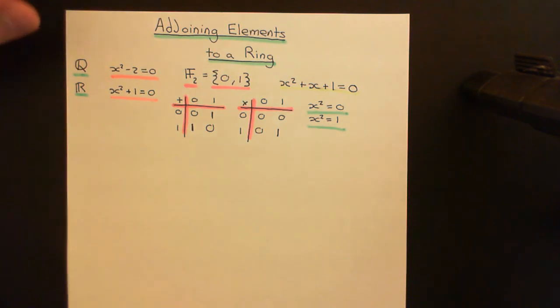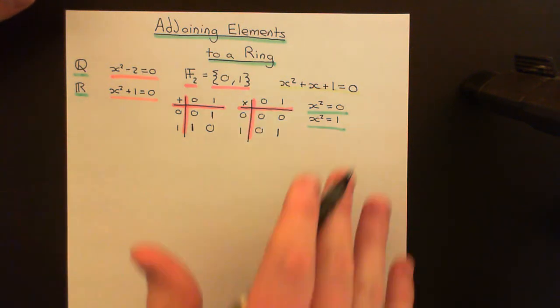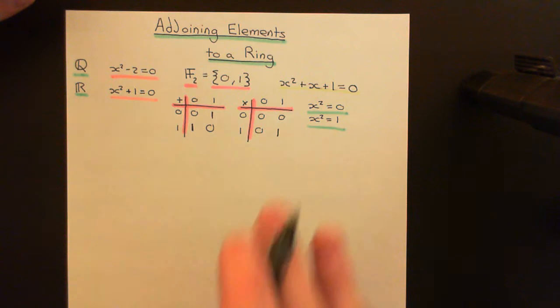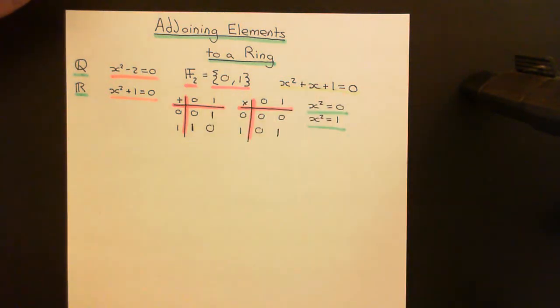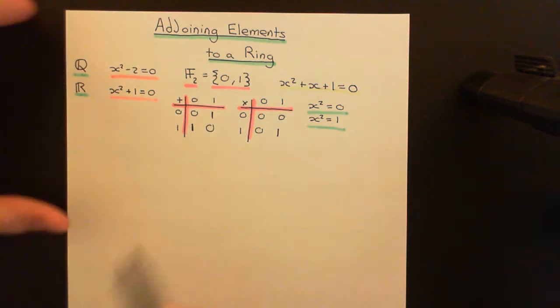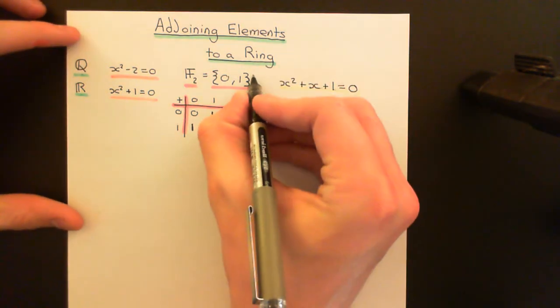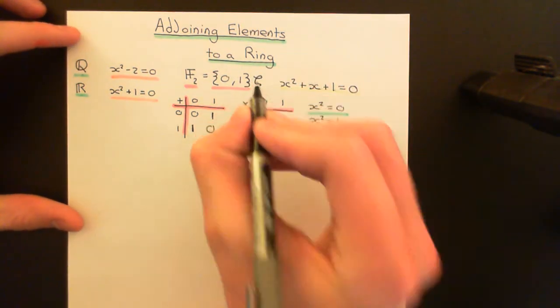Okay, so what I'm going to do then is I'm just going to create a new symbol, stick it into here, and try and define the structure so that it will obey the axioms of ring theory, and so that it will now have a solution to this equation. Okay, so the first fun bit is that I get to create a symbol which is going to be my solution to this equation. So I get to pick my favourite tacky Greek symbol, and my favourite tacky Greek symbol is the Greek symbol zeta, so we'll have zeta.